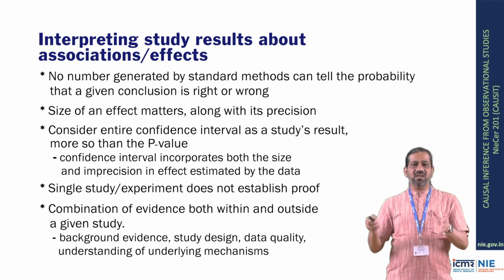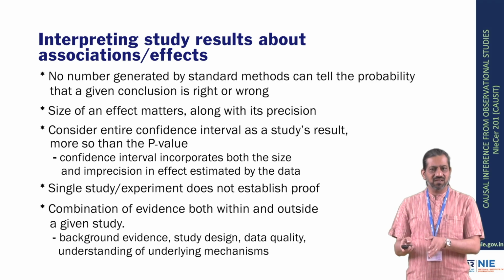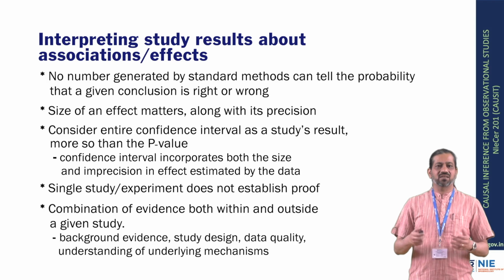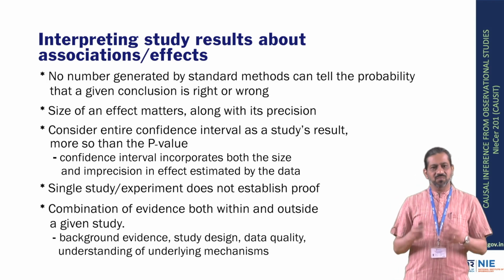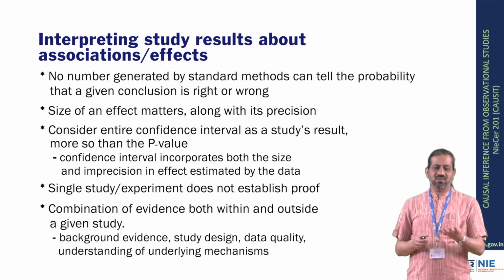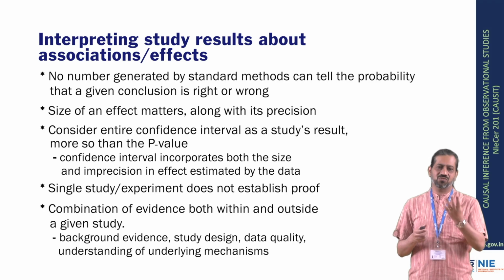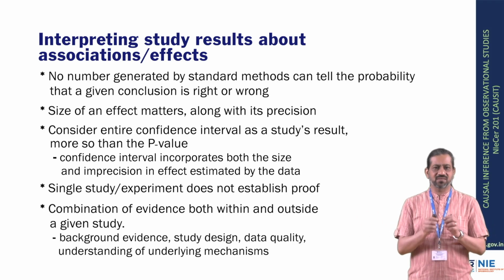This arbitrary classification of results into significant and non-significant is absolutely unnecessary, and it can actually limit a valid interpretation of the data. What is important is to know the effect size, the point estimate, the value of the odds ratio or the risk ratio, and the uncertainty surrounding this point estimate.